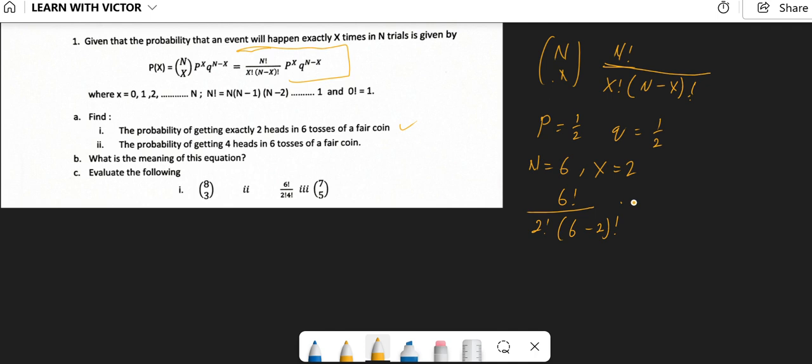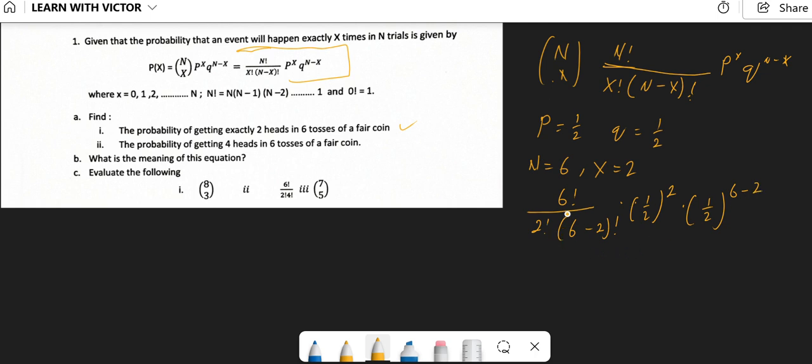So our p is half to the power x, and q to the power n minus x. Our x is 2, then multiply by q, which is also half, a failure, to the power 6 minus 2.